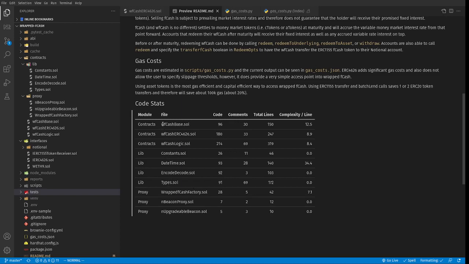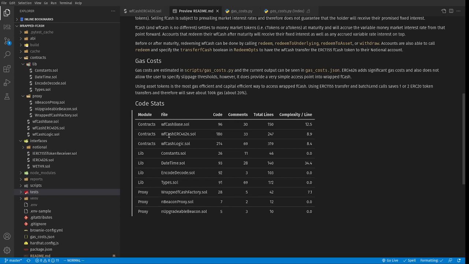And then we'll talk about the wrapped fCash base, which implements a lot of the view methods and some of the more benign integrations with Notional. Then we'll look at fCash logic, which implements a lot of the lending and redeeming logic, the business logic associated with interacting with Notional and establishing these positions.